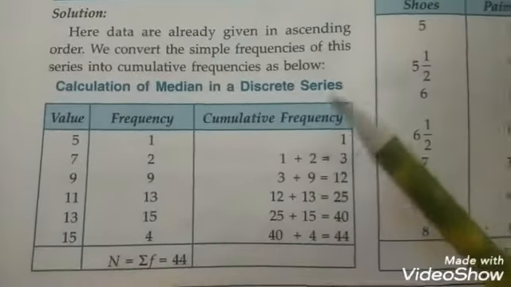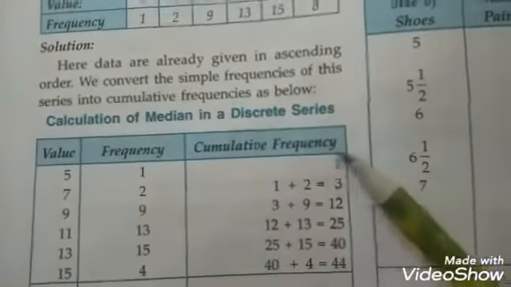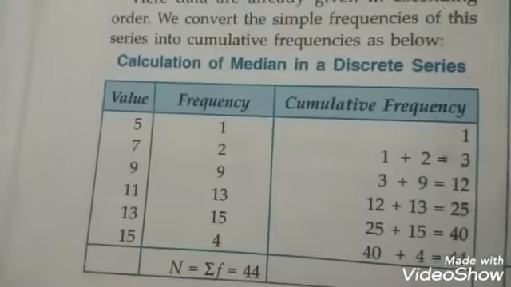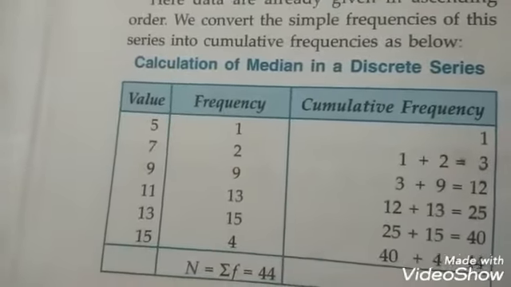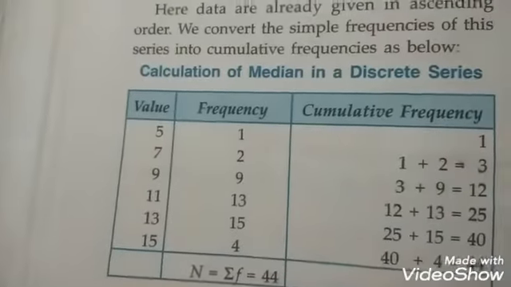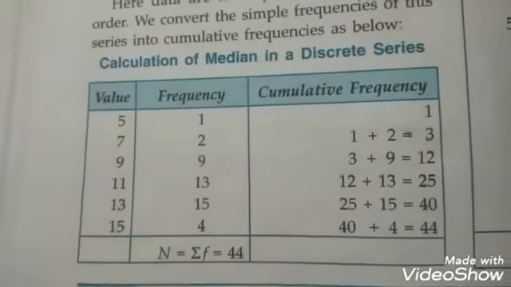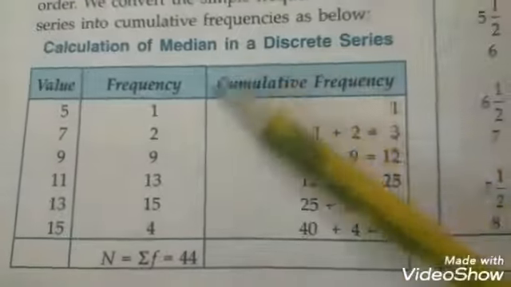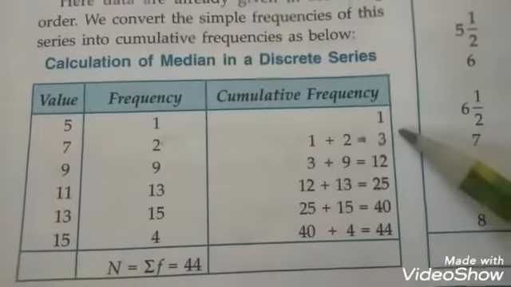Now we have to find out cumulative frequency. Okay, how are we going to find out cumulative frequency over here? For finding out cumulative frequency, what we are going to do is, we are going to take the first frequency as it is.